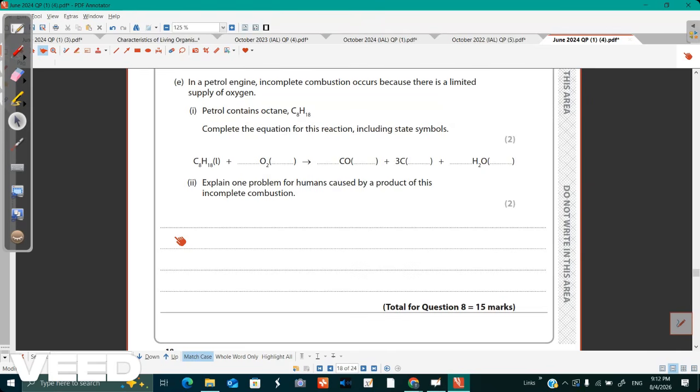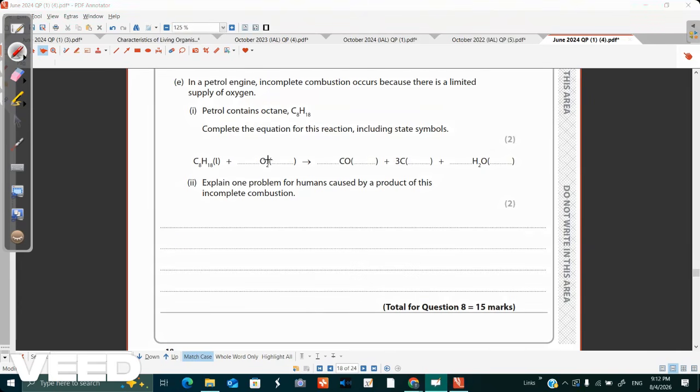So as a result, you are not getting carbon dioxide, you are getting carbon, meaning soot, or either you are getting carbon monoxide or both, but you are not getting carbon dioxide. To have carbon dioxide, you must have excess oxygen. So you are using only limited oxygen. So therefore, you are getting only carbon monoxide or carbon soot or both.